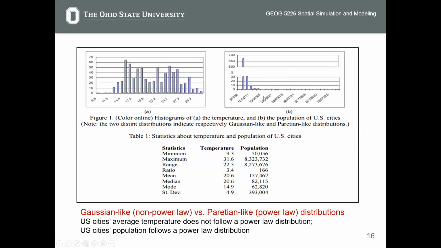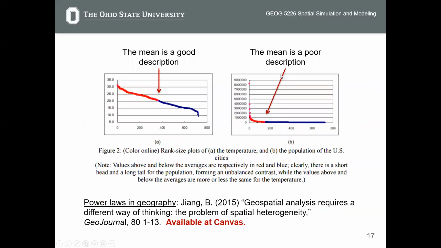Obviously, these two variables, population and number of cities with a certain population, are following a power law. On the left side, we have a Gaussian-like, non-power law distribution. On the right side, we have something called a Paretian-like or power law distribution. So you can see the difference here.